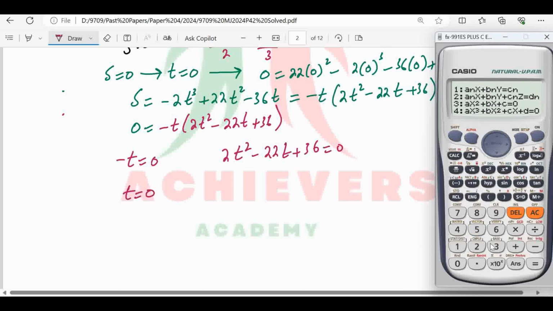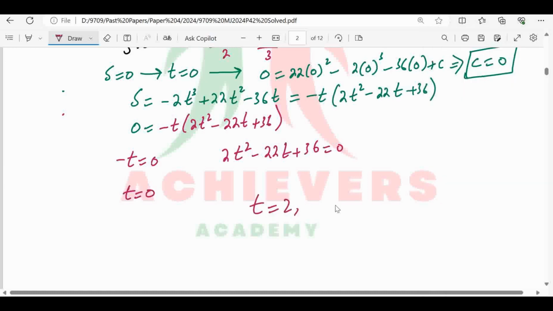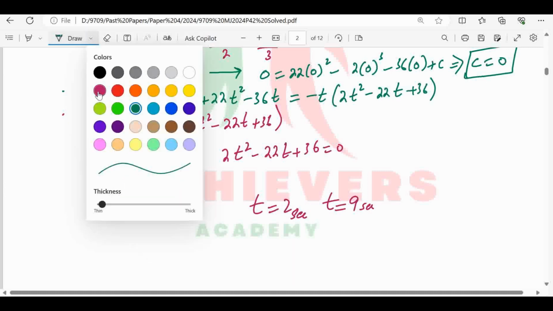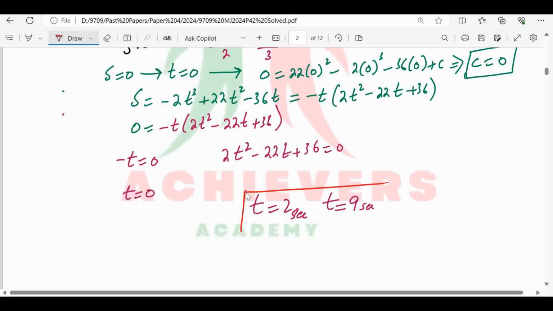Mode 5 3, a is 2, b is minus 22 and c is 36. So this will be equal to 9 and 2. So from here we can write t is equal to 2 and t is equal to 9 seconds. This will be the final answer.